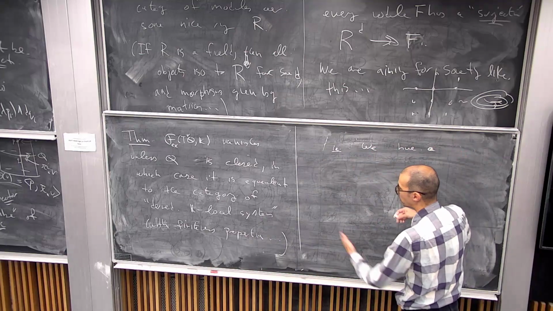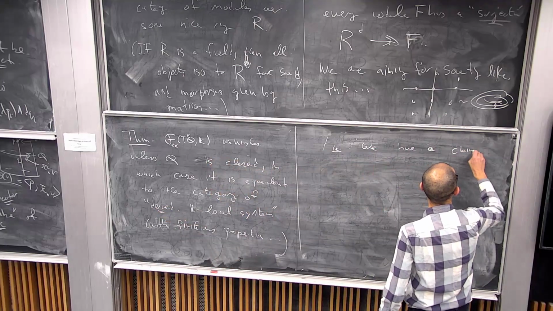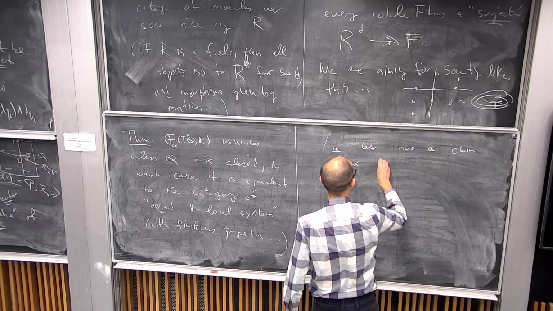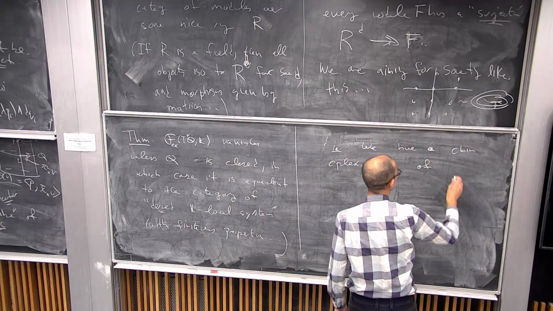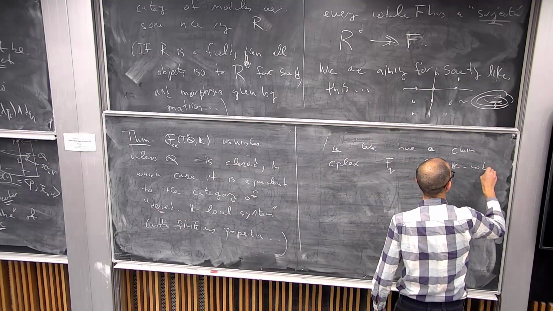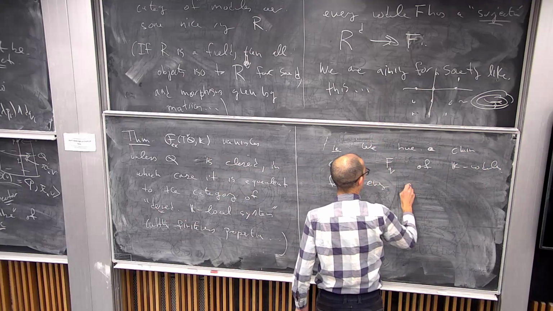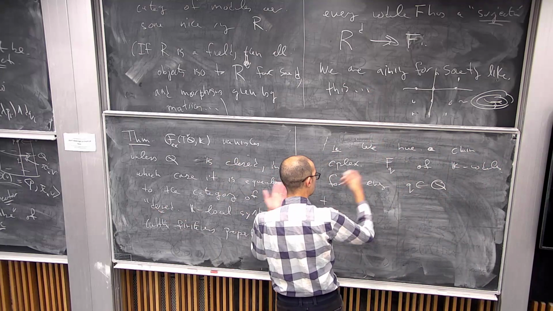Oh, okay, so now there's this word derived. So I'm going to say chain complex. Let's use the word chain complex of K modules for every Q in Q plus. That's a fairly natural thing.